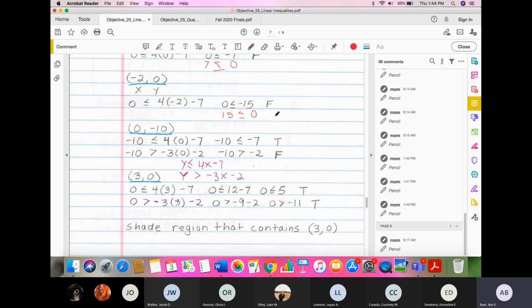Is 15 less than or equal to 0? That's false. So if you need to switch them, please switch them. That's false. So we're not going to select the region with -2, 0 in it. I purposely wanted to do a problem where I had to go through all the regions so you could see what would happen. So we have to move on to another region.